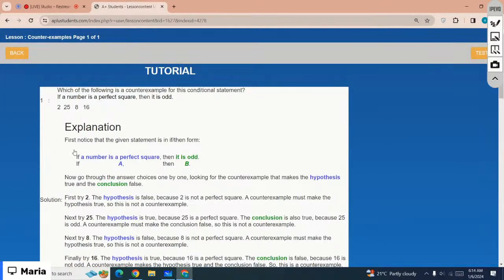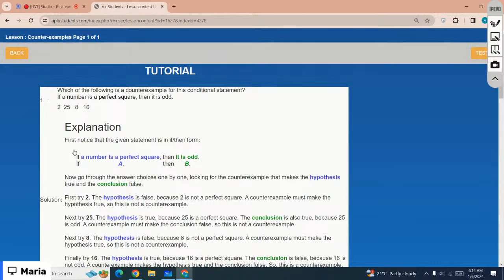Which of the following is a counter example for the conditional statement, right? The statement is if a number is a perfect square, then it is odd, right?